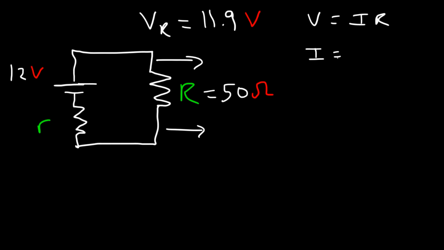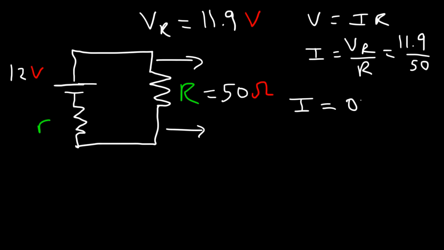Solving for I, it's going to be the terminal voltage divided by the load resistor. So it's 11.9 volts divided by 50. And so that's going to be 0.238 amps, or 238 milliamps.